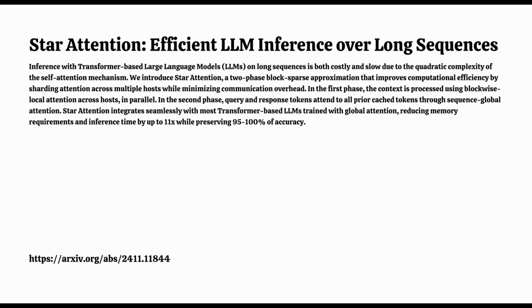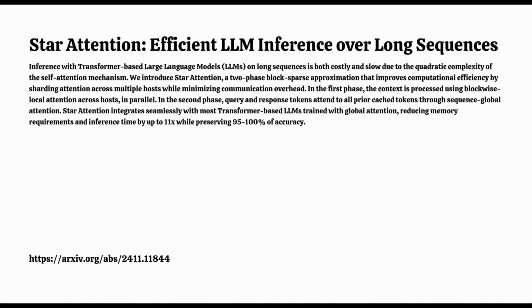So then what happens in phase 2? Algorithm 2 details phase 2, which is query encoding and token generation. This is where they process the query, or the prompt, and the model generates the next token in the sequence. But remember, we're working with a distributed system here where the text is split across multiple hosts. Right, and that's where the distributed softmax algorithm comes in.